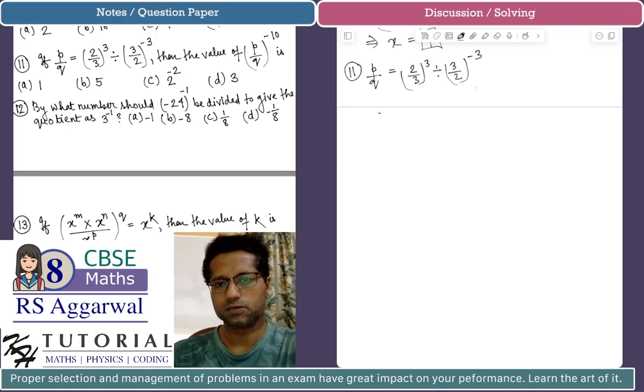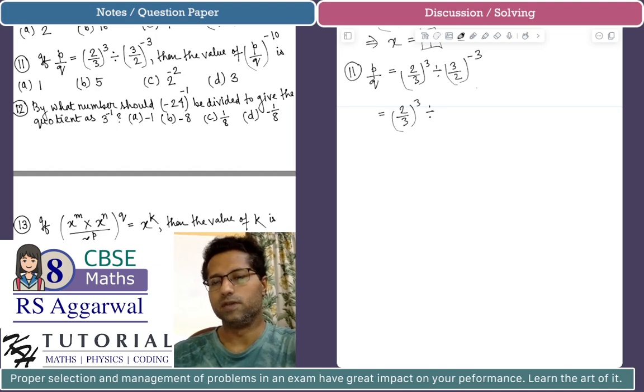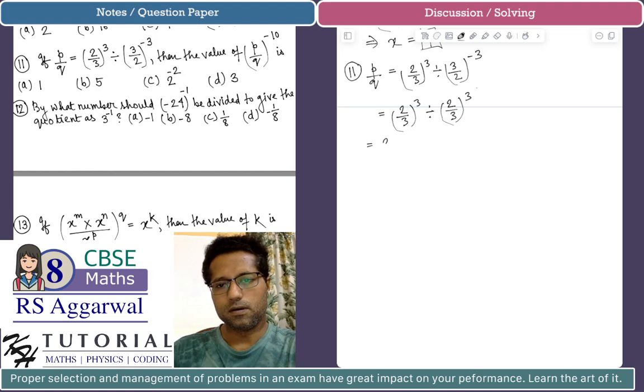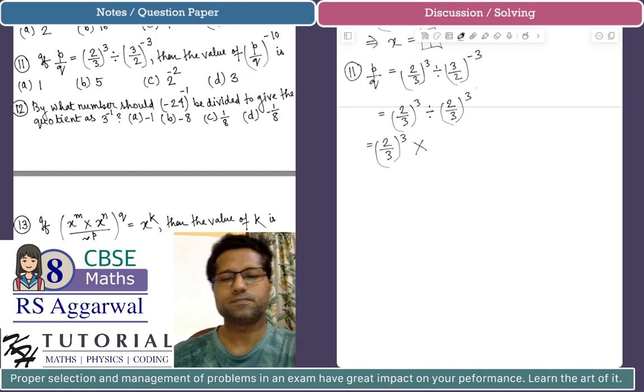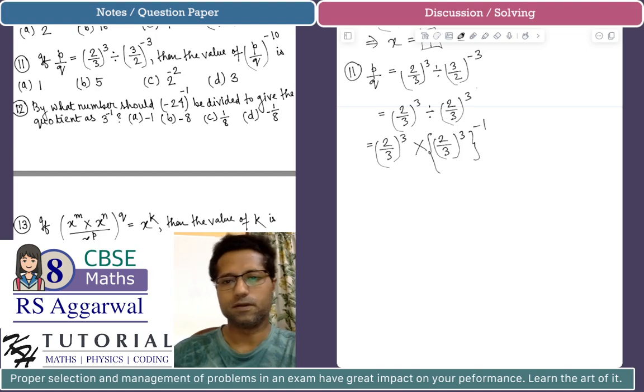So P by Q is equal to 2 by 3 raised to the power cube divided by 3 by 2 raised to the power minus 3, which means 2 by 3 raised to the power 3. Now I will rewrite the division operator using the multiplication operator, as this will be multiplied by the reciprocal of the divisor. The divisor is 2 by 3 raised to the power 3, so its reciprocal will be 2 by 3 raised to the power 3 whole raised to the power minus 1.